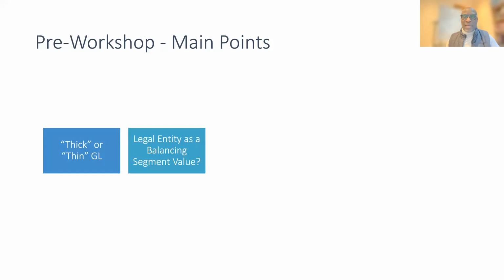Then legal entity as a balancing segment value. It's common practice to do that. So that's, again, a very quick one to note that, okay, your LEs in your BSV, very common one. Business unit balance sheet requirement. You may go to a site and they may say that we need our BU to be balancing segment.